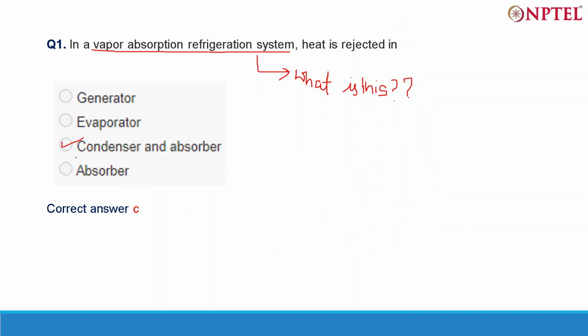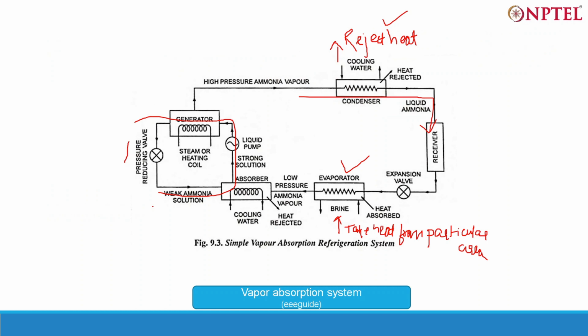If the question is that heat is rejected to the surrounding, then the correct answer will be this only, not this. So you have to understand this concept, the vapor absorption cycle. This is a simple vapor absorption refrigeration system.